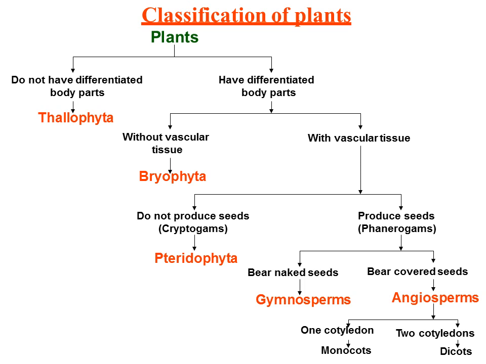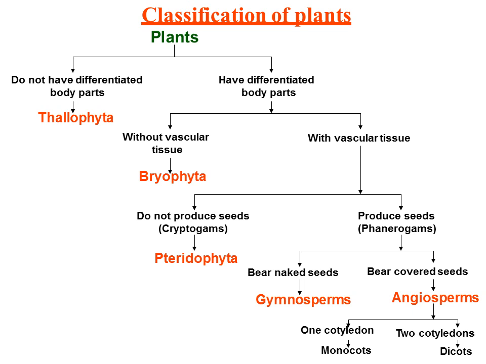Then we have differentiated body parts, and these are also divided into two groups. Number one, without vascular system, we'll talk about that later, and another one with vascular tissue. Without vascular tissue, we have the example, bryophyte.